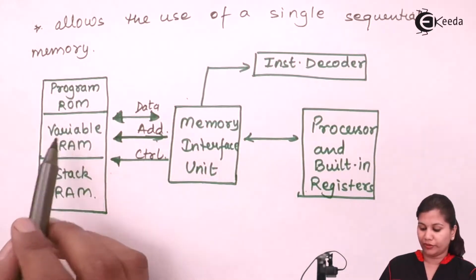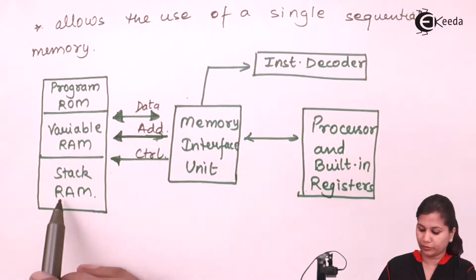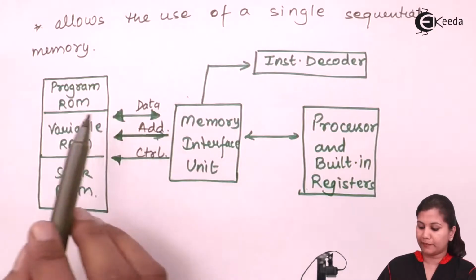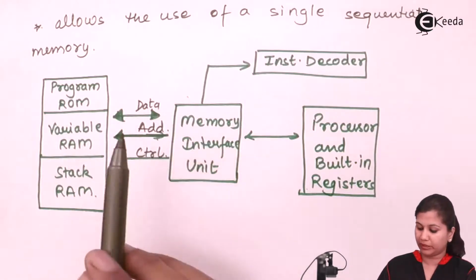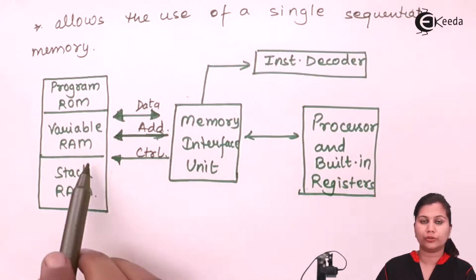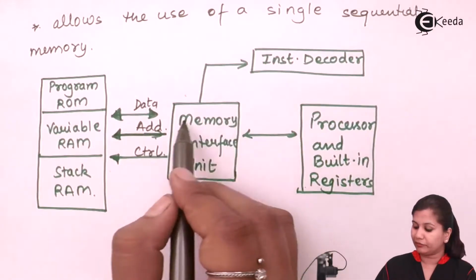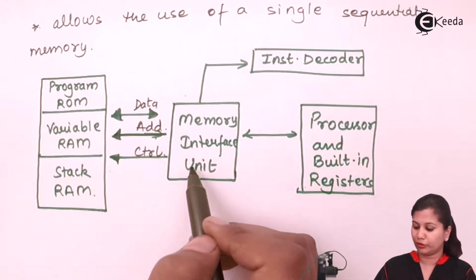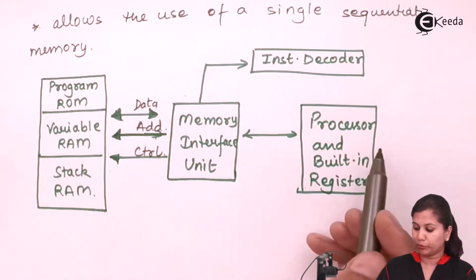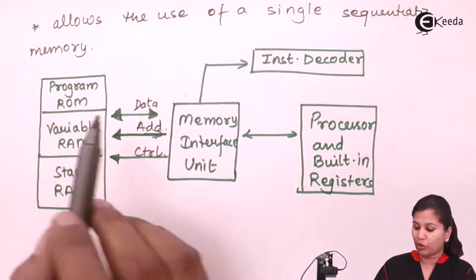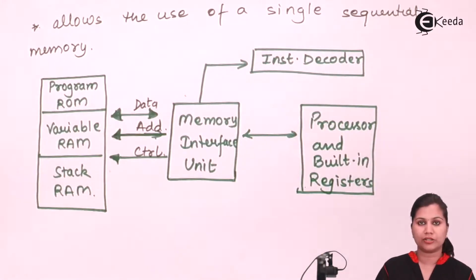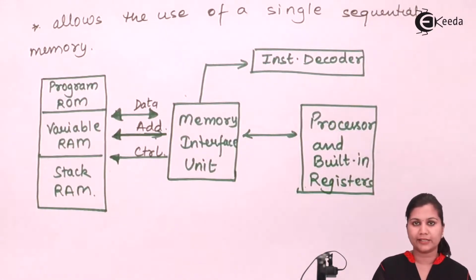RAM is divided into variable RAM and the stack, and data can be stored and retrieved from the memory. Addresses are given and control signals are given. Then we have the memory interface unit, which communicates between the processor and the memory. Also, it is connected with the instruction decoder, which decodes the instructions, and then they are executed.